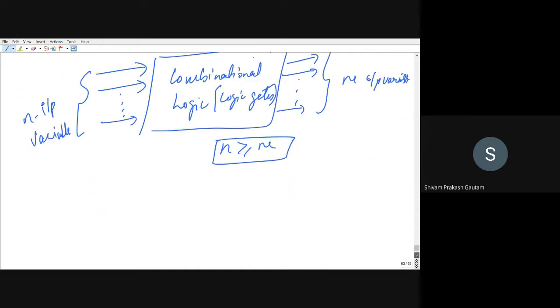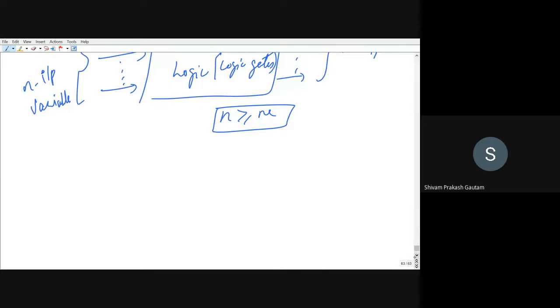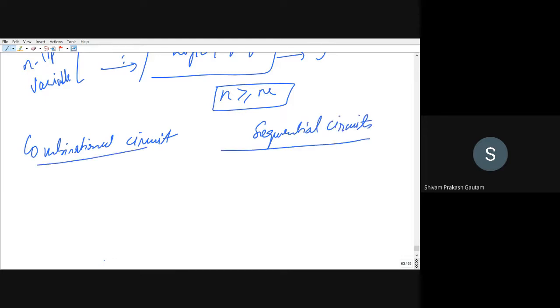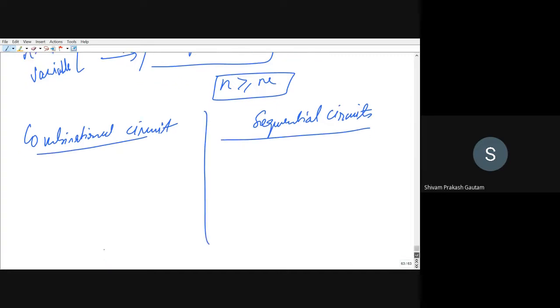So I will give you the basic difference between a combinational circuit and a sequential circuit. In that way, it will be clearer. So we will be seeing the differences between combinational circuit and sequential circuit.